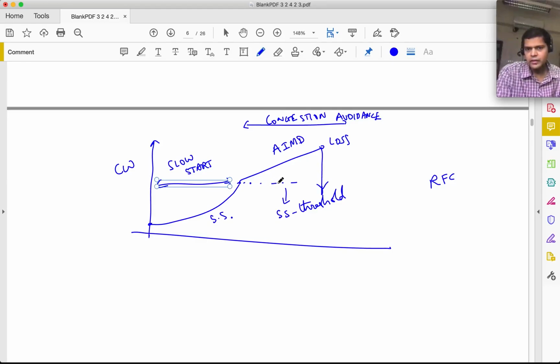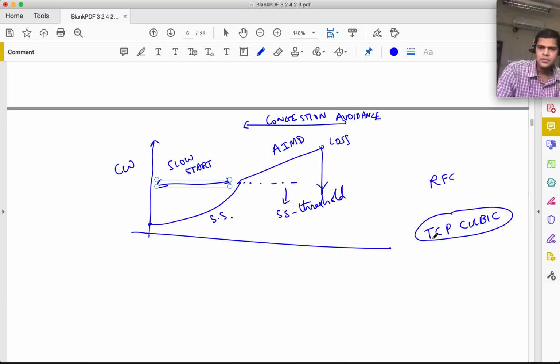And if they find that there is not much congestion even when they're at the SS threshold, then they would drastically increase. There's something called TCP cubic, which Linux at least uses. I think by default it uses TCP cubic. But TCP cubic is, I would say, more aggressive than the protocol which I've shown here. We won't be studying TCP cubic in this course, but you can look it up if you're interested.